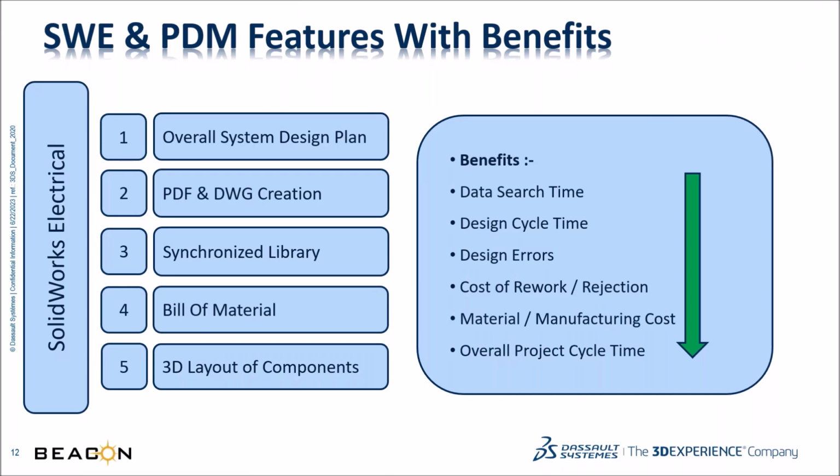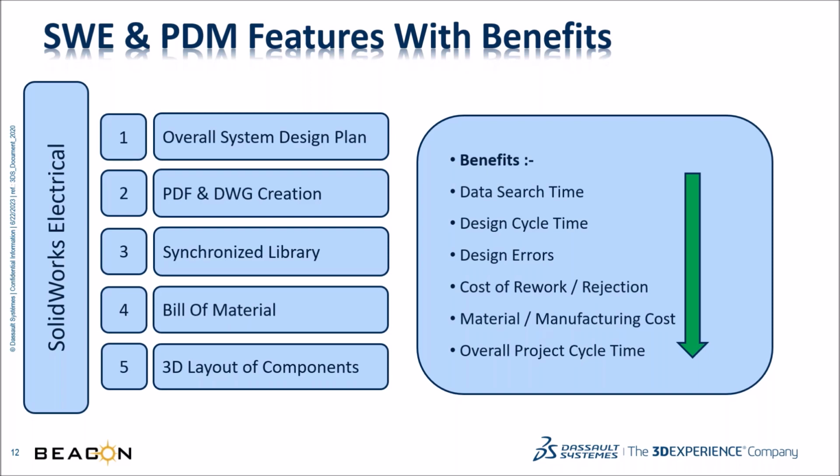Till now we have showcased the overall system design plan, how we can use the library symbols and how we can manage your library, as well as how you can create a schematic and the rest of the documentation. Also you can create a PDF and DWG collection with the help of PDF.